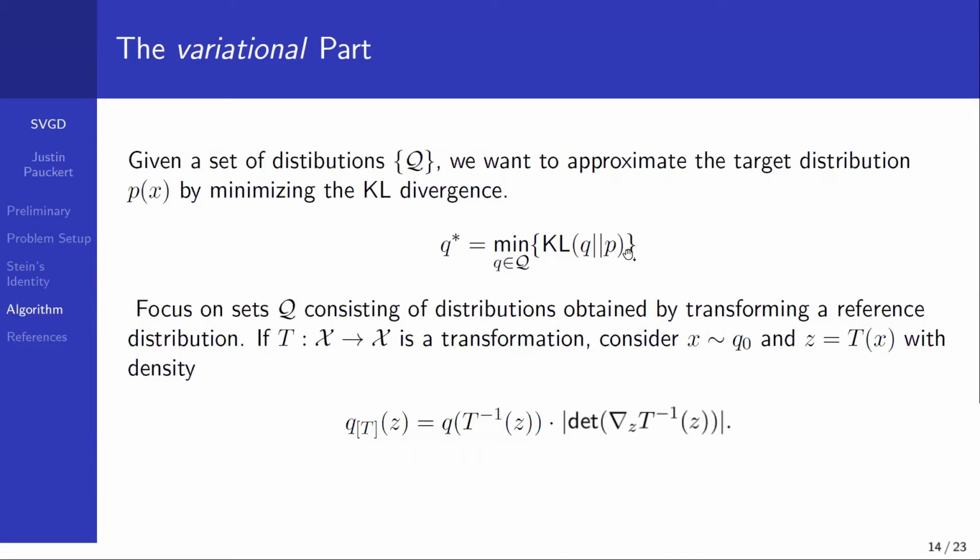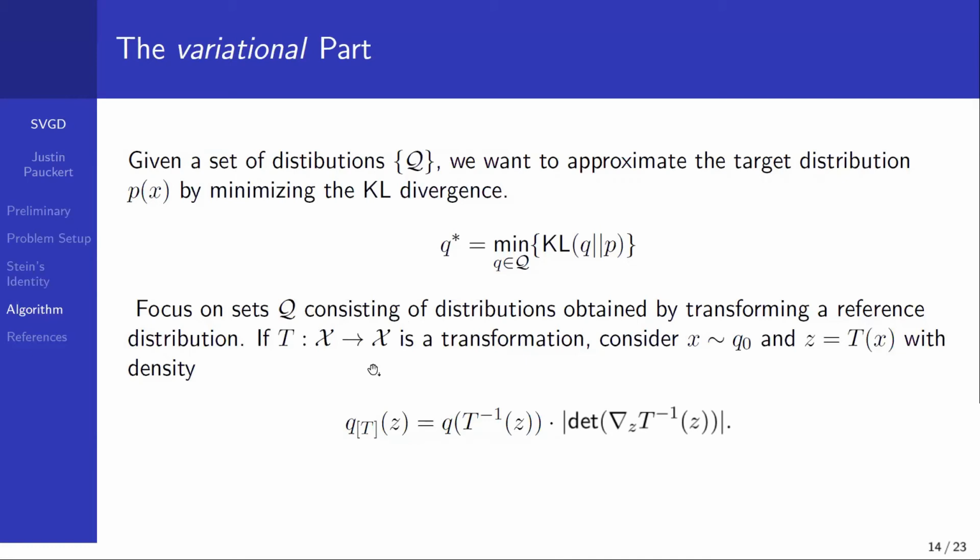So you should remember this. We do have a transformation function of some sort, and then we have some reference distribution Q0, and all we do is we draw samples X from Q0, then apply the transformation and call the new random variable Z. And just for reference, we already know that the density is going to look like this.